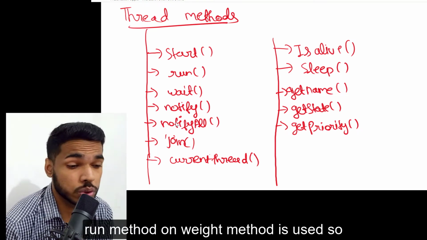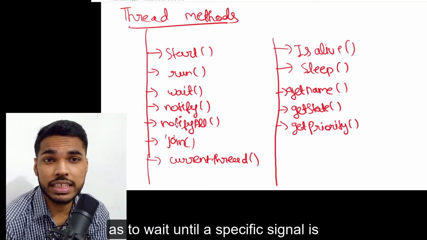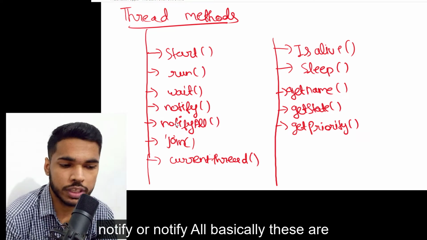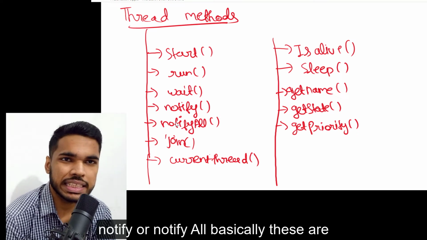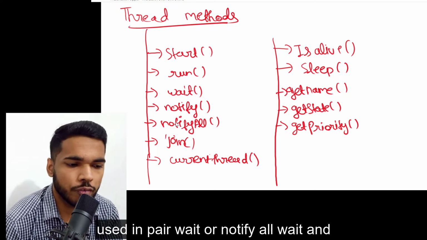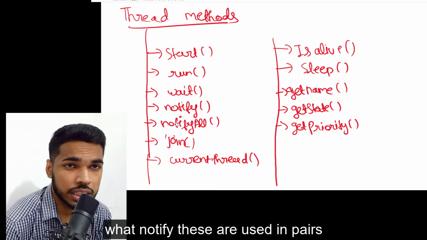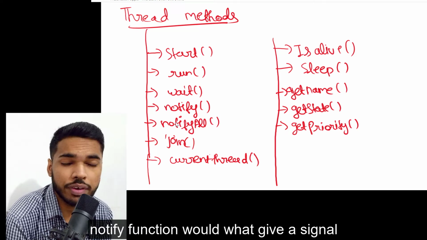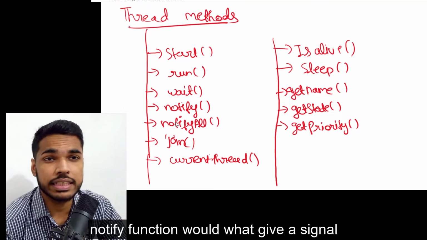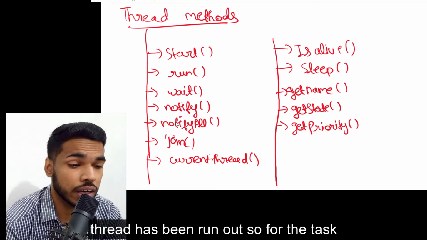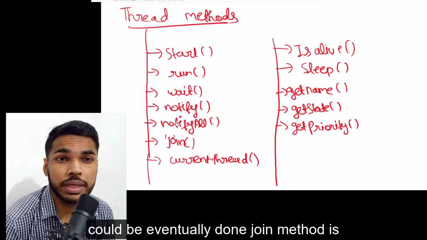The wait method is used to wait until a specific signal is received from the thread, for example notify or notifyAll. Basically, wait and notify are used in pairs. The notify function gives a signal to the wait that this thread has run, so further tasks could be done.